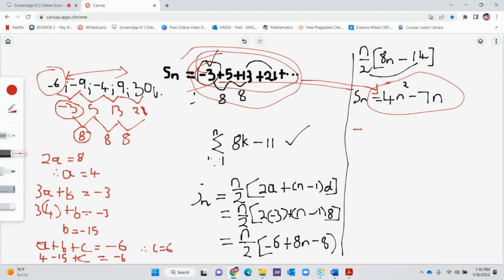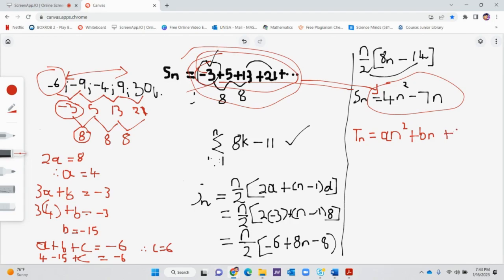Therefore, the general term is a quadratic sequence. The general term formula is an squared plus bn plus c. We know this from grade 11.